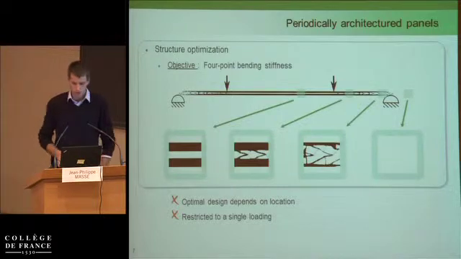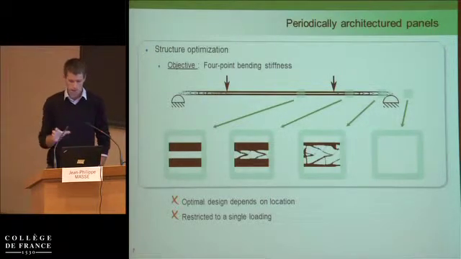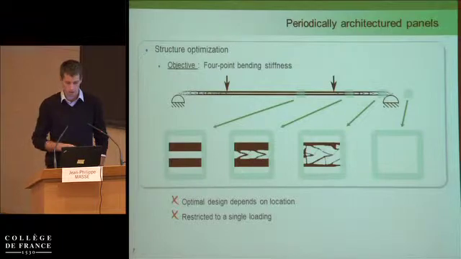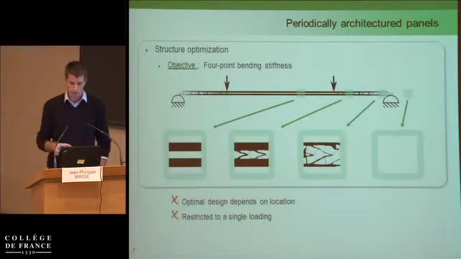If we're thinking about structures and we try to optimize a panel, such panels are usually solicited with flexion, and so the four-point bending is the most representative test for such flexural panels.